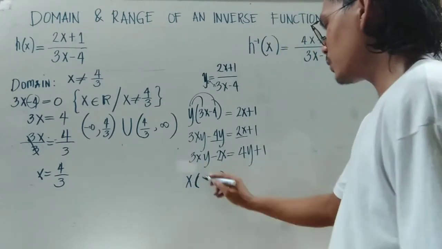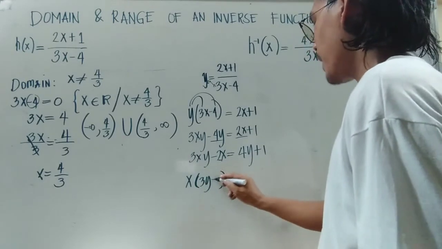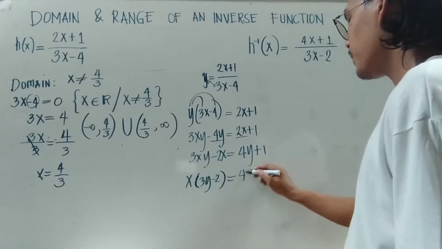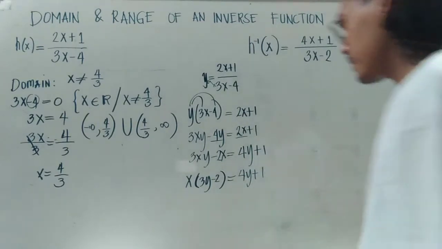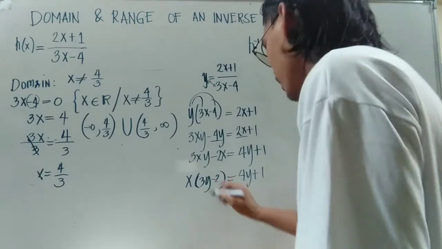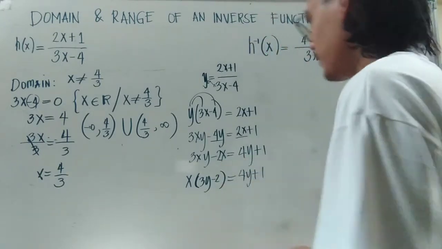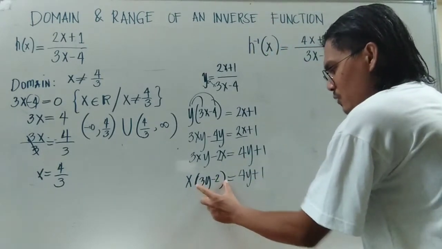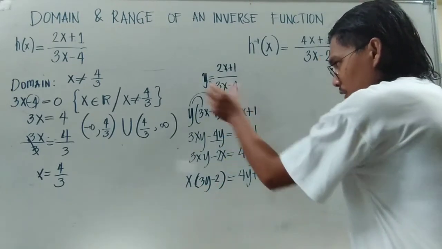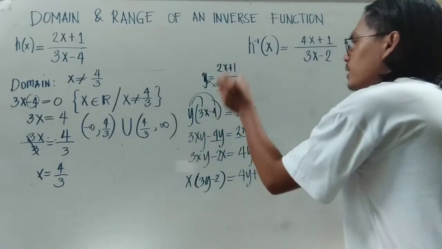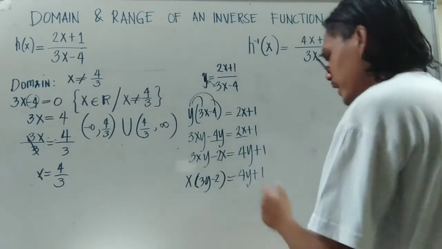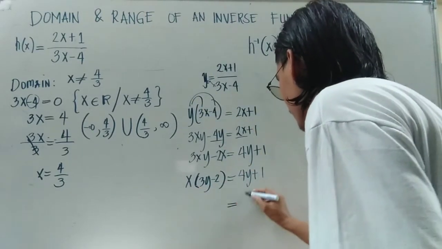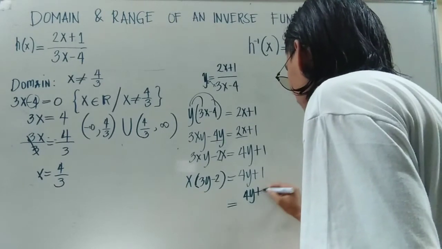The remaining term will be 3y minus 2, copying 4y plus 1. Are we clear on this? Then, cross multiplying, just like we did with this one, you will get this form.